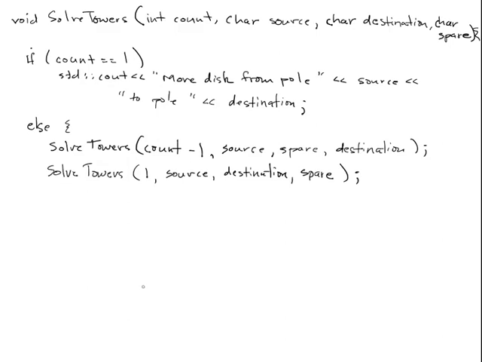Okay, so now you remember that when we did this, we have all of the items on the temporary spare post, post C, and you know what? We need to move all of those back so that we can move the biggest disk off the bottom into our destination. All right, so let's see how we do that. Solve towers count -1, and then we're going to move from the spare pole. Remember, that is the new source of all of our items that we moved off of the original source.